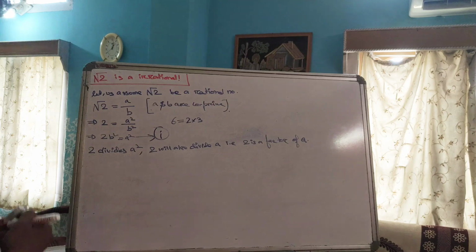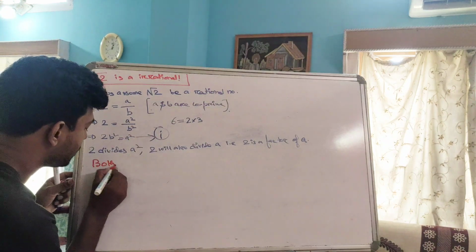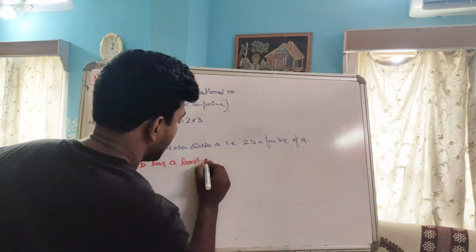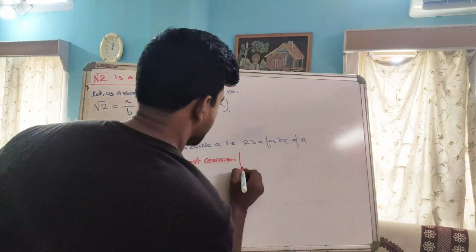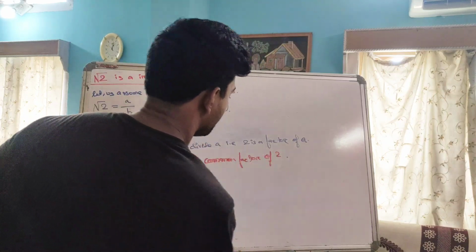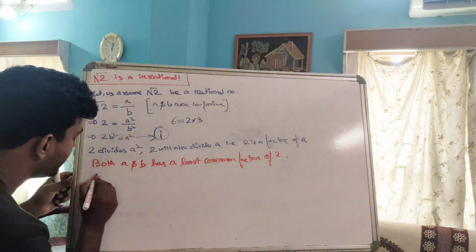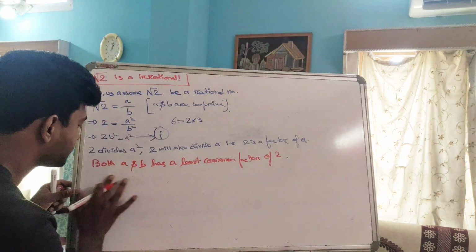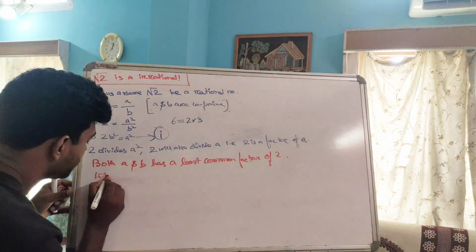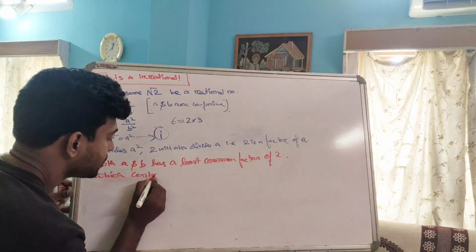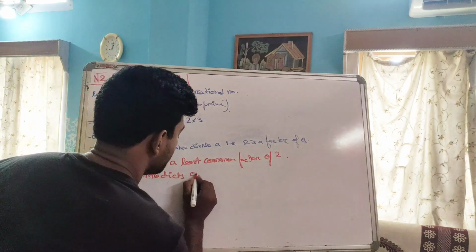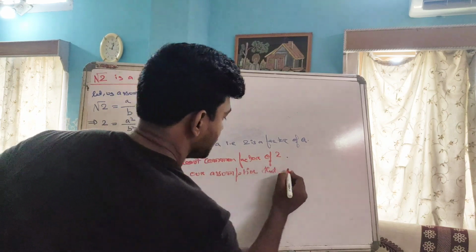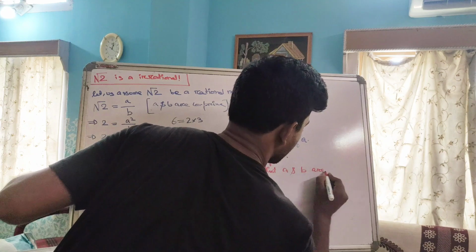So here we can say both a and b have a common factor of 2, which contradicts our assumption that a and b are co-prime.